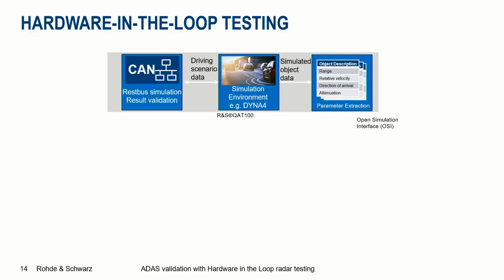So you can use as a software a simulation environment, for example, Dyna4 from Vector, and a ResBus simulation and result validation software that interact with each other and share the driving scenario data. The environment or the actual driving situation is generated by Dyna4, and basically the same as with a vehicle in the loop.